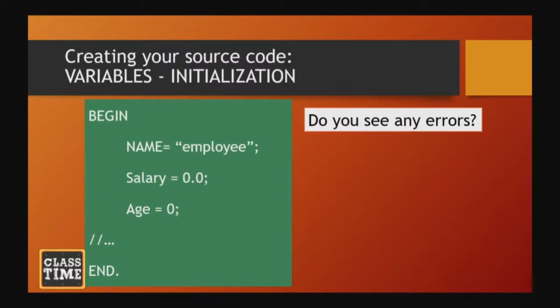The error is that in Pascal, equal is used in a completely different way from how we understand equal. This name equal employee, well, other than the quotation marks being wrong, this is a completely different kind of equal. What we are doing is setting name to be the word employee.